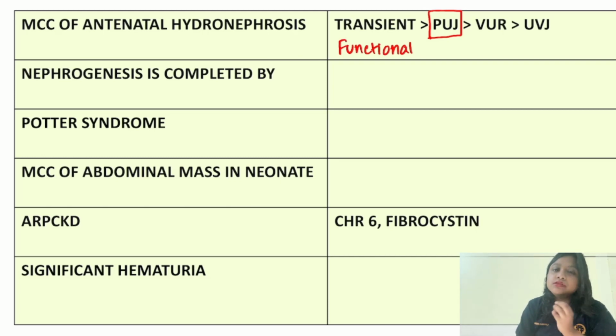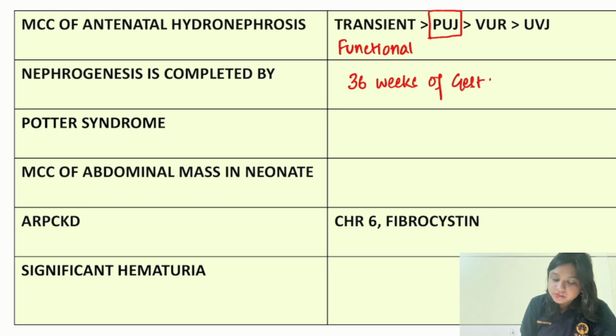And we have the ureteric bud, which gives rise to the collecting duct system. So nephrogenesis, the genesis of the entire nephrons, is completed by 36 weeks of gestation. And the kidneys ascend during development. Very important point, that is the kidneys ascend during development.